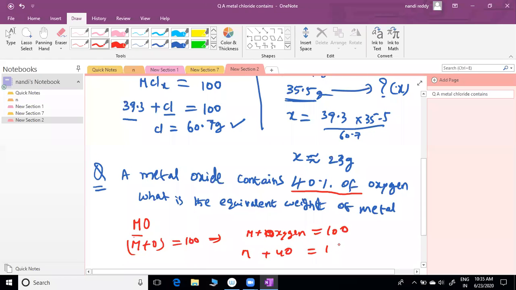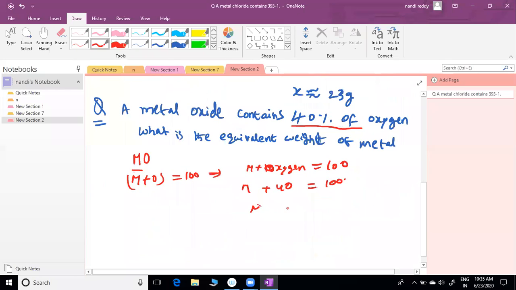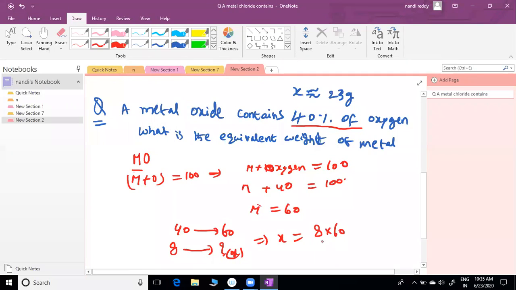So what is the metal weight here? Metal weight is 60. According to the definition, 40 grams of oxygen combined with 60 grams of metal. But our definition: how many grams of oxygen, sir? 8 grams, which combined with metal weight is equal to its equivalent weight. So X equals 8 into 60 by 40. You can calculate now, 8 into 6 by 4. What's the value, sir? 12. How many people got this answer? Please check it.